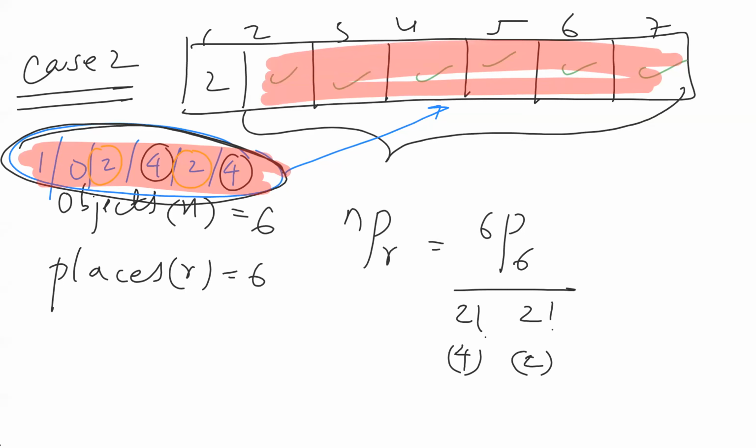Fine. Okay. So this will give you 6 factorial upon 2 factorial, 2 factorial.